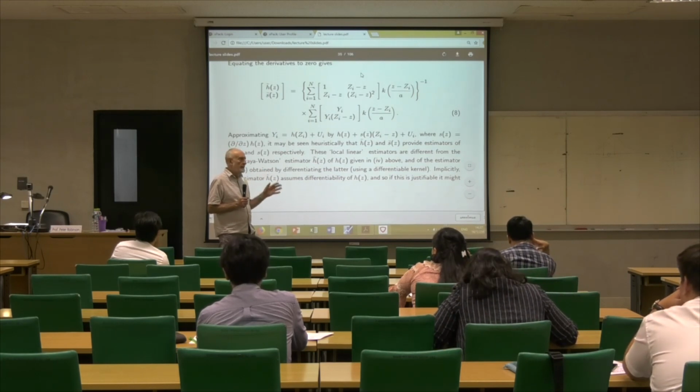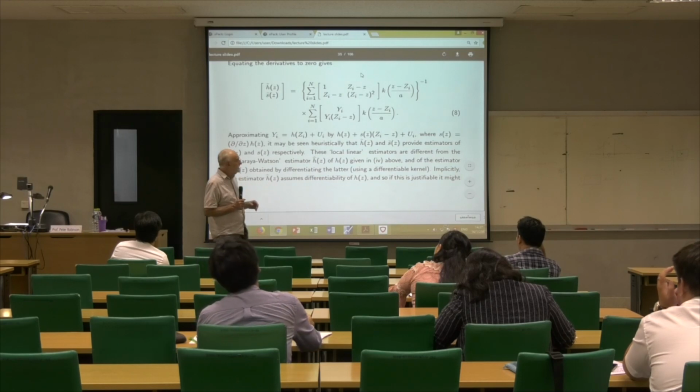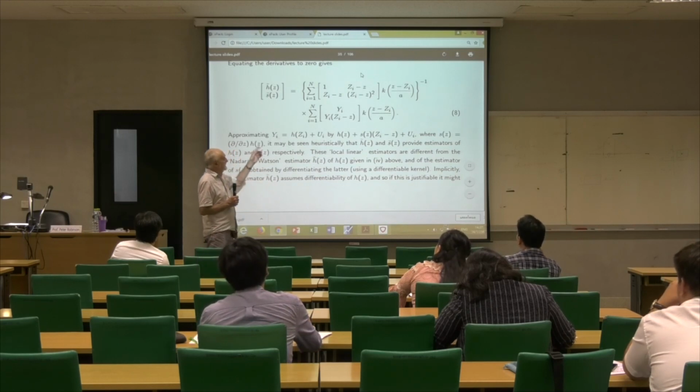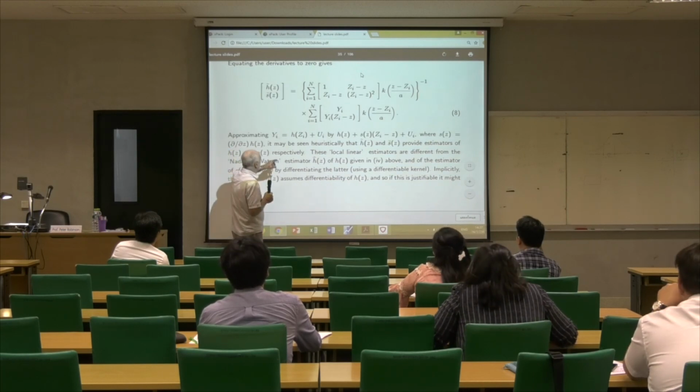I'm going to focus really on kernel estimation, not on this extension, just because it's too much detail otherwise. Things are going to get more complicated here, but the ideas do go through quite simply. So just talk about the intuition.